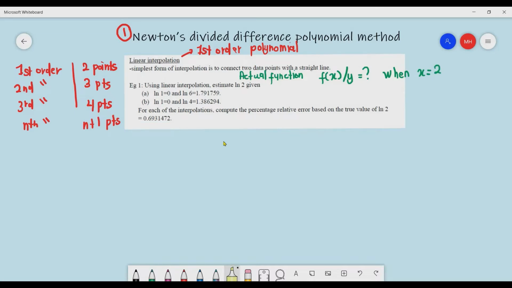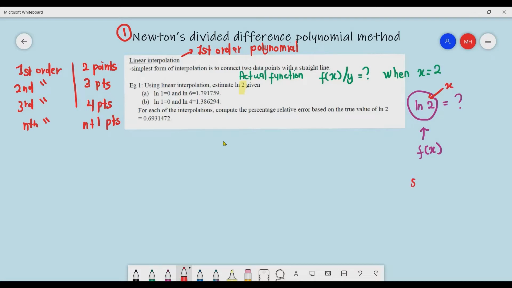So how do I know when x equals 2? I look here. Just to recap, if I have ln 2 equals some value, the whole ln 2 here is known as f(x), and x is this 2 here.